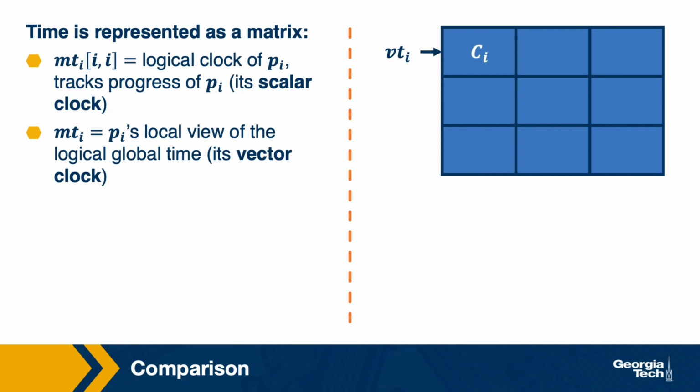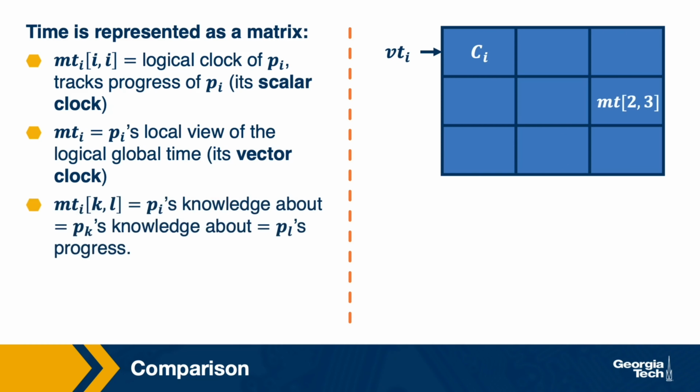For a process Pi, the ith row corresponds to its vector clock. So this is Pi's view of its own time in the ith element and its own view of what the other nodes' time is. Of course, we said the other nodes may be further ahead in their view of time, so Pi's view may be stale in that sense, but vector clock time is still useful.